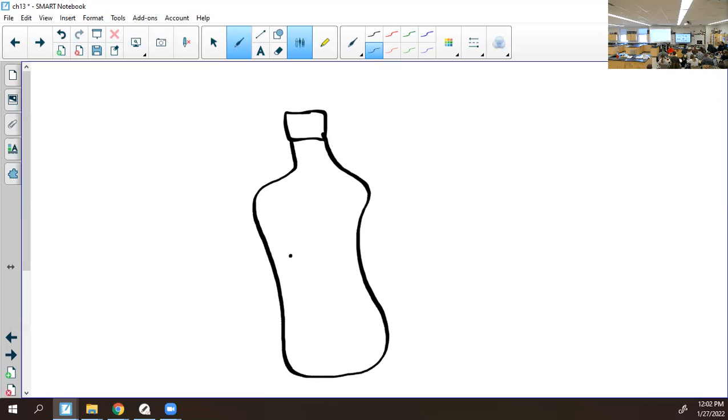Okay, here we go. Here's my pop, and it's just generic brand. You all right with that? There's always air right here when it comes from the manufacturer. And there's a reason why. That air provides pressure.